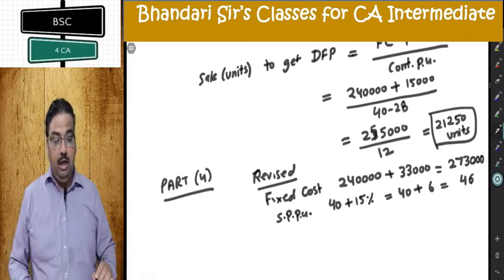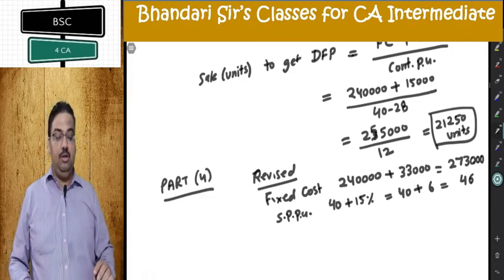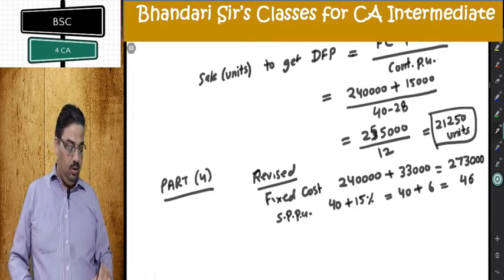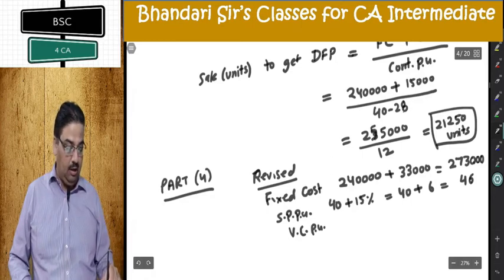What should be the break-even point in number of shirts and sales revenue? Your variable cost per unit remains constant at rupees 25.